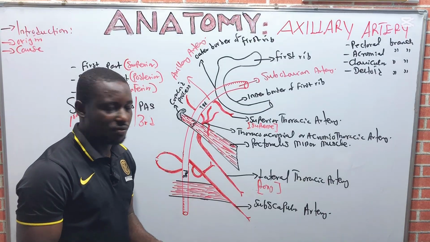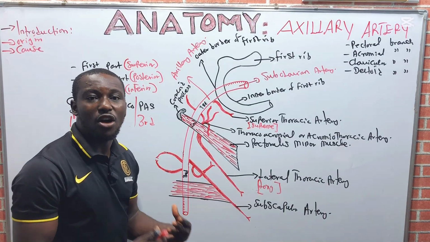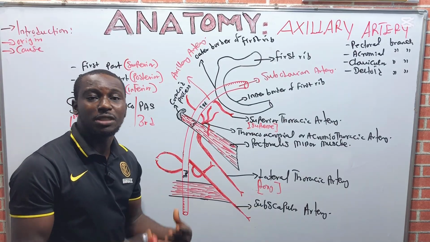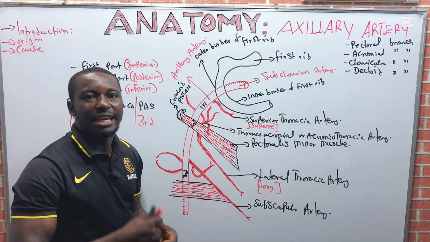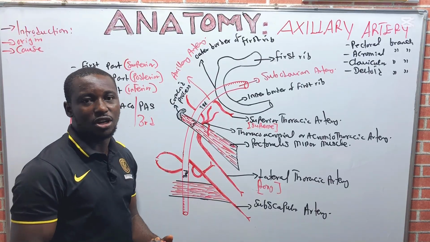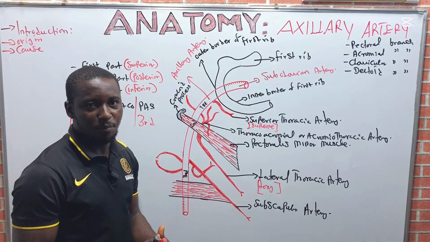How does it run? It runs along the lower border of the subscapularis muscle and ends near the inferior angle of the scapula, where it gives off a large branch called the circumflex scapular artery.